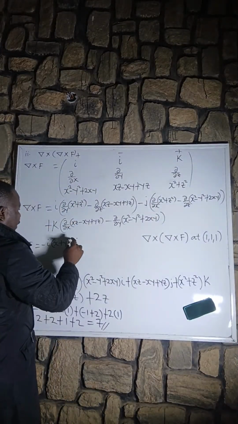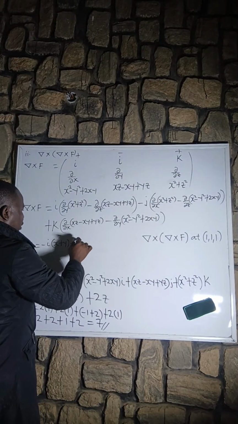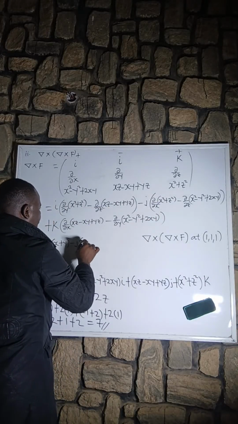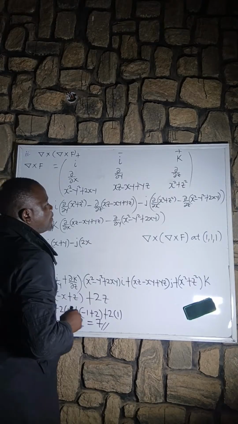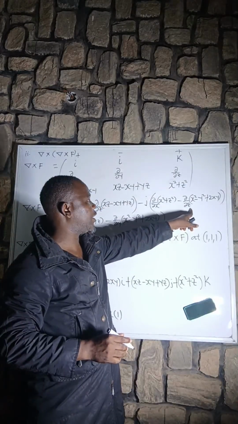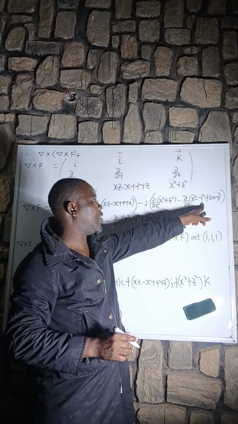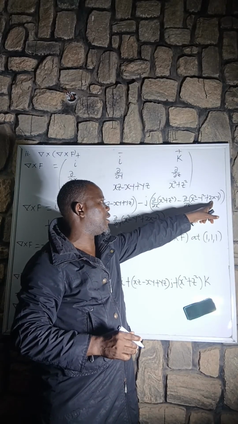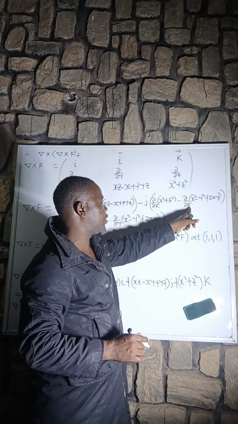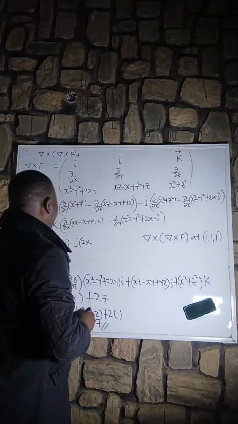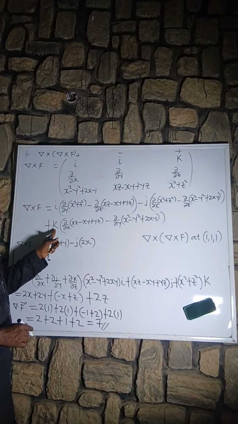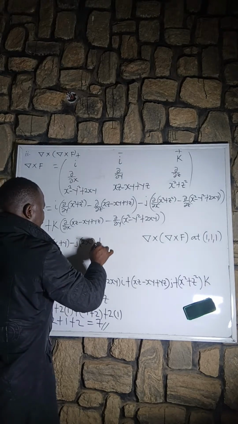Minus j, open bracket, here with respect to x, we are going to have 2x. Then here, with respect to z, we discovered that z is not here, true or false. So here, if you differentiate with respect to z, here will be 0. So just leave it like this. Then come to k. Plus k.